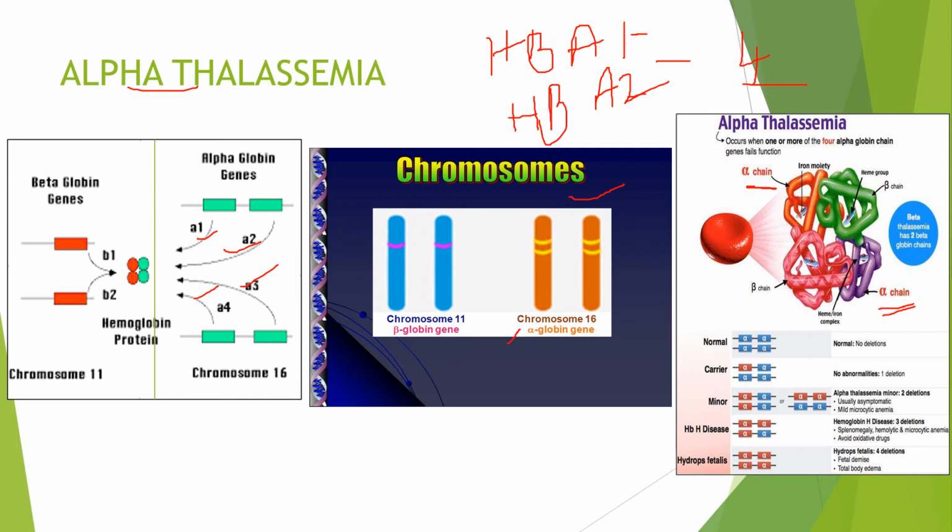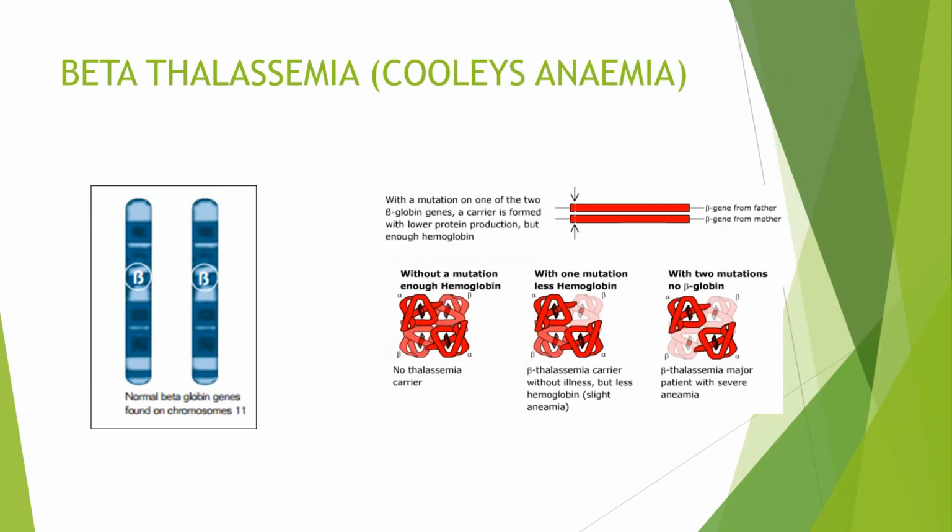If there is a deletion or mutation of one or more alleles of this alpha gene, it causes abnormal production of the alpha chain. As a result, alpha thalassemia occurs in an individual. Always remember, children, the genes for synthesis of alpha chain are located on chromosome number 16. A very, very important question. Remember this, children.